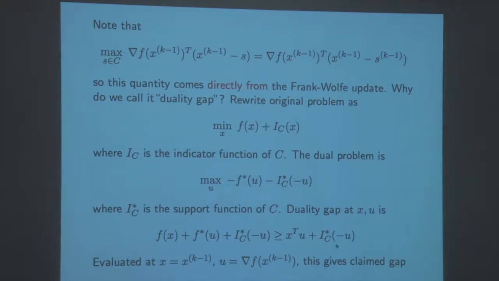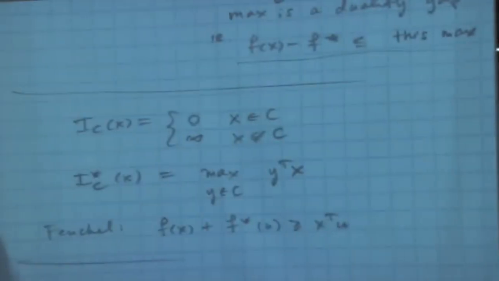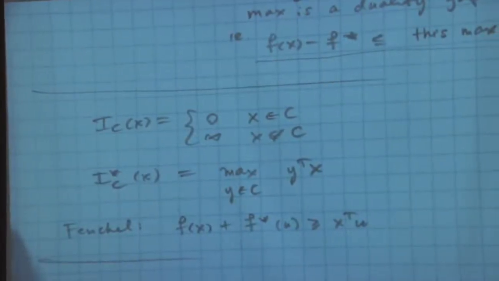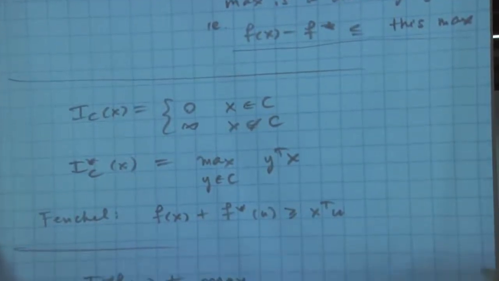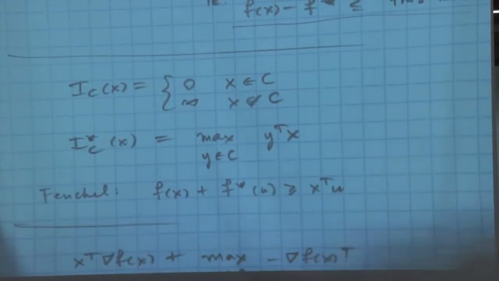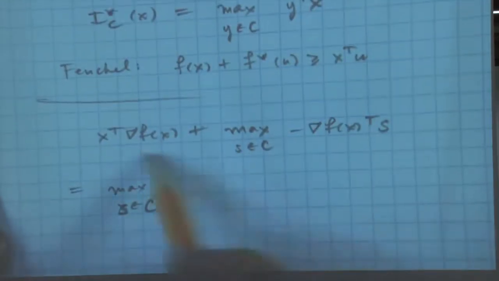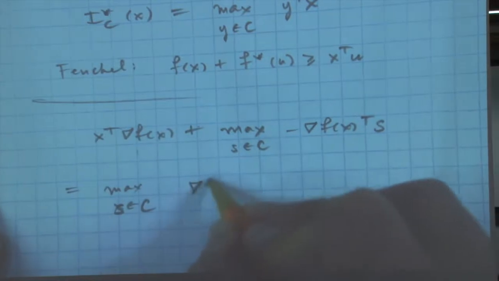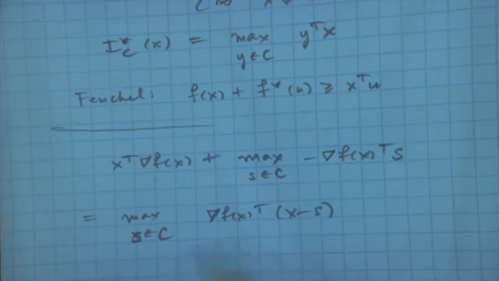If we stick in x transpose the gradient of f of x plus the support function evaluated at the minus gradient, which is the maximum over all s in the set C of the minus gradient transpose s, then this is equal to the maximum over all points s in the set C, which is the gap that we claimed.